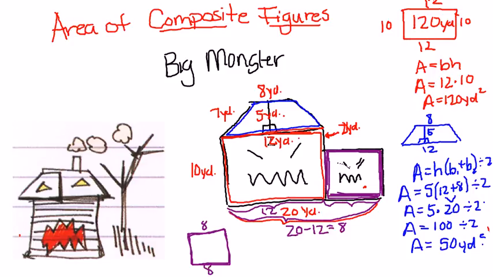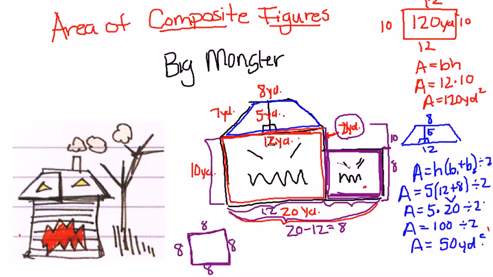Okay, so I have my base. Same thing with the side. Notice they give us this length right here. They say that this little bit right here is 2. So if the whole thing from here all the way down is 10, and I get that from this side, then if you take away the 2, this has to be 10 minus 2, which is 8. So it's actually a perfect square.